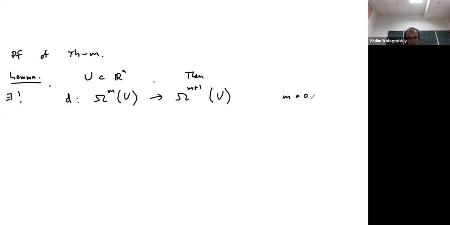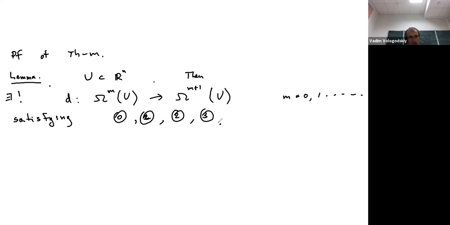Then there exists a unique map D from differential forms on U to differential forms, with m ranging from 0 to infinity, satisfying property 0, linearity, 1, 2, and 3. All right?